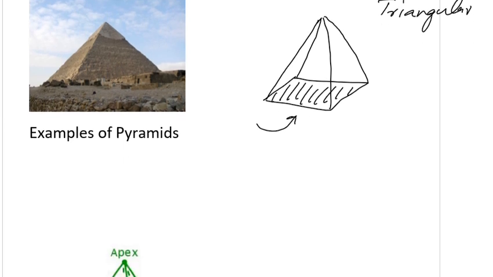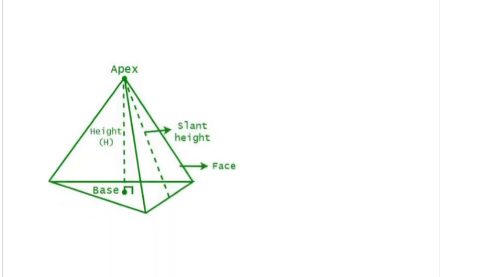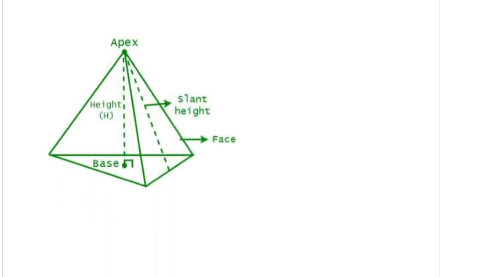Moreover, there are two more things which I need to tell you about the pyramid. That is slant height. You can see that if we take the midpoint of one side of the base and join this midpoint to the apex, or to the top point, then we obtain a straight line which is called the slant height of the pyramid.